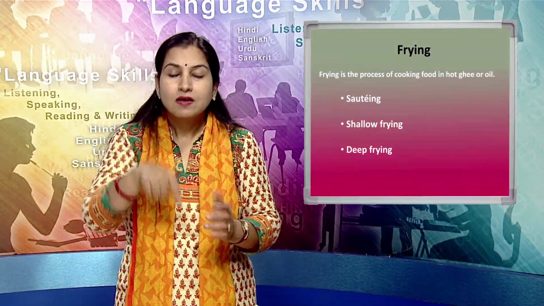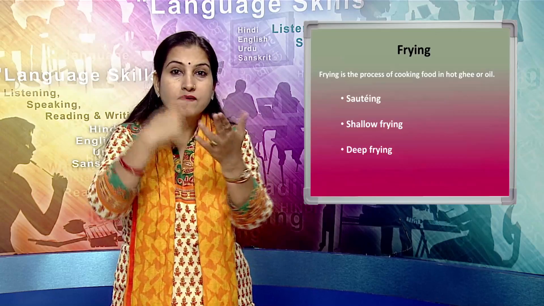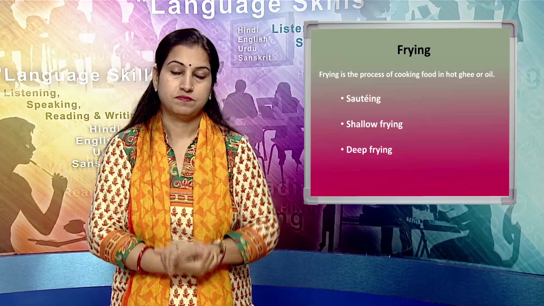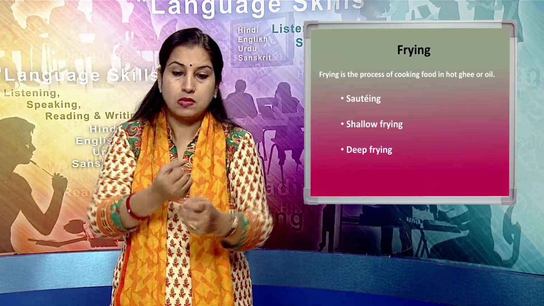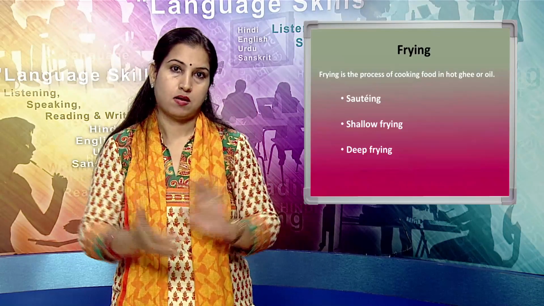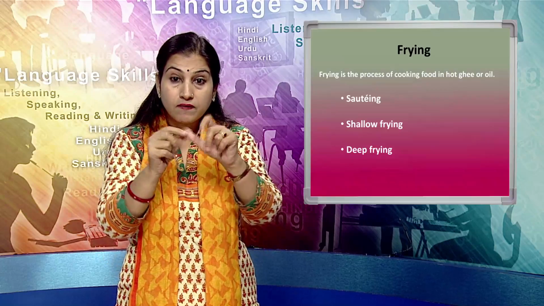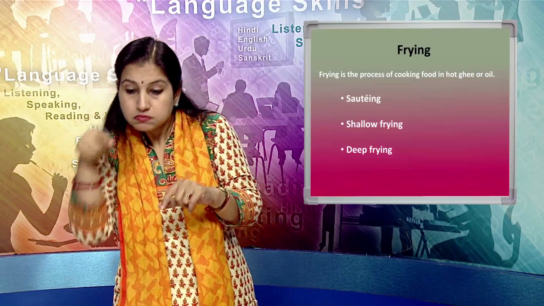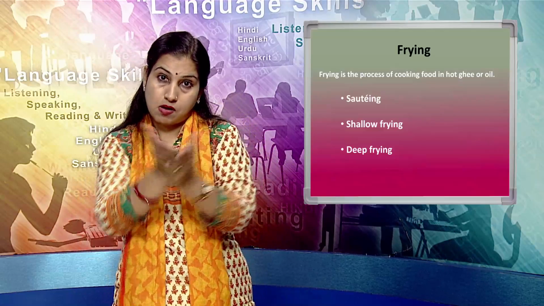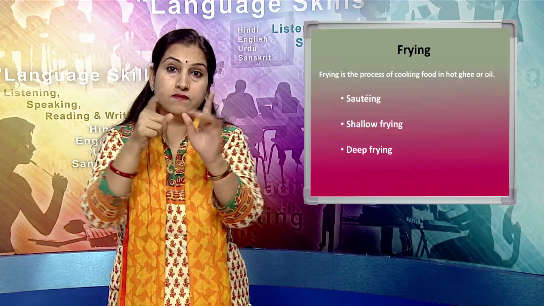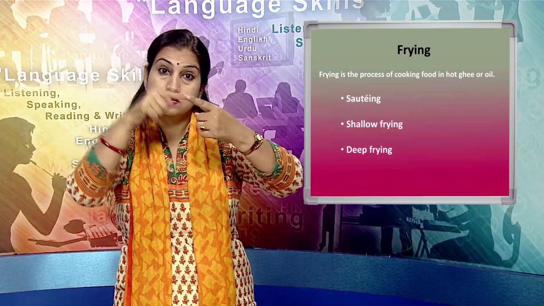Let us understand frying. Frying is the process of cooking food in hot ghee or oil. The amount of fat used in frying determines the types of frying. There are 3 methods of frying. The first one is sauteing.